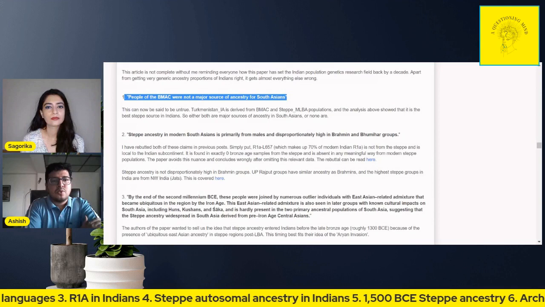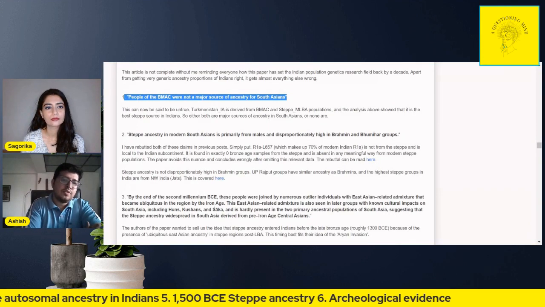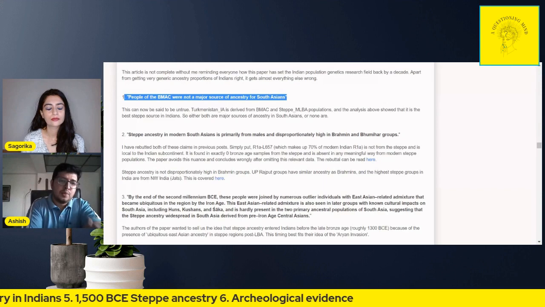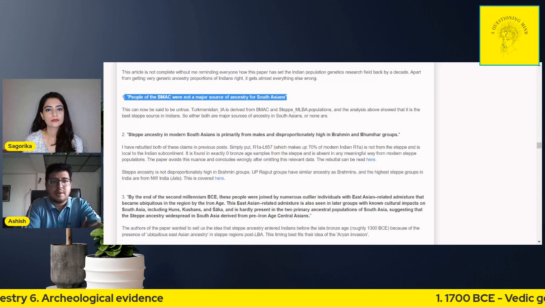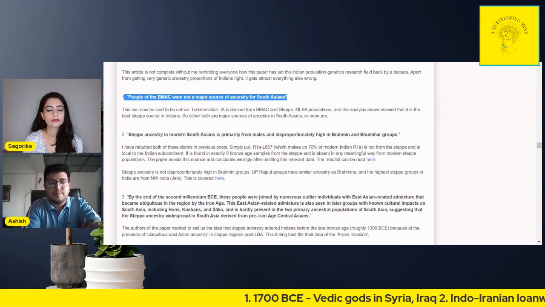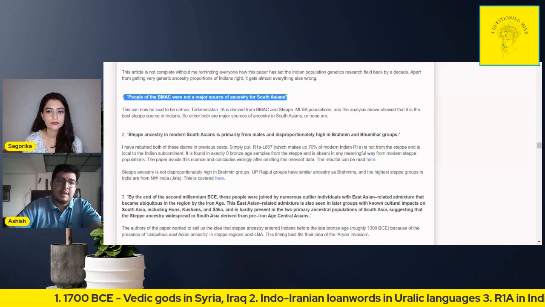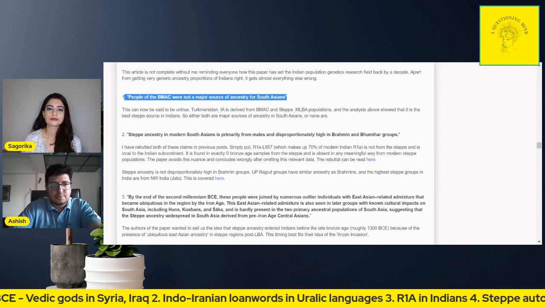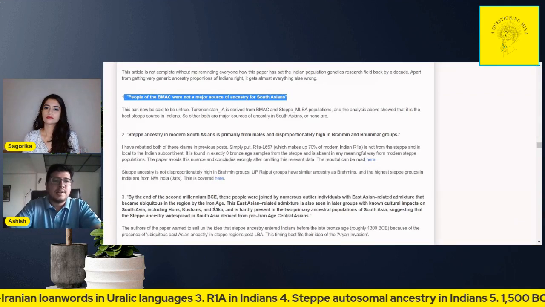I gave a lot of options to the tool. qpAdm, qpAdm is the tool. It can basically select the best source among many sources. So I gave it options for five steppe sources which have high steppe ancestry, and Sintashta was there. Two others were there, and some Iron Age and post Iron Age sources were there.